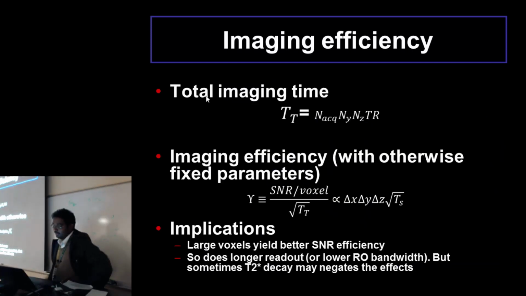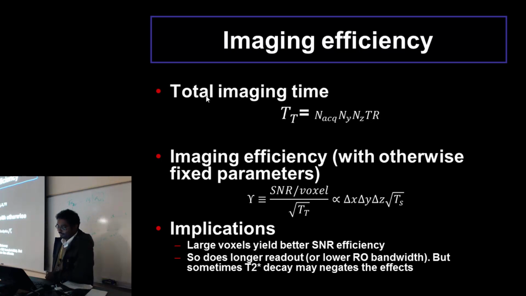Okay, since all of these have an effect on the imaging time that you're going to take to collect the full data or your k-space data, you want to make sure that you are optimizing your imaging experiment to ensure that you're doing the optimal experiment that you can under the given experimental parameters.